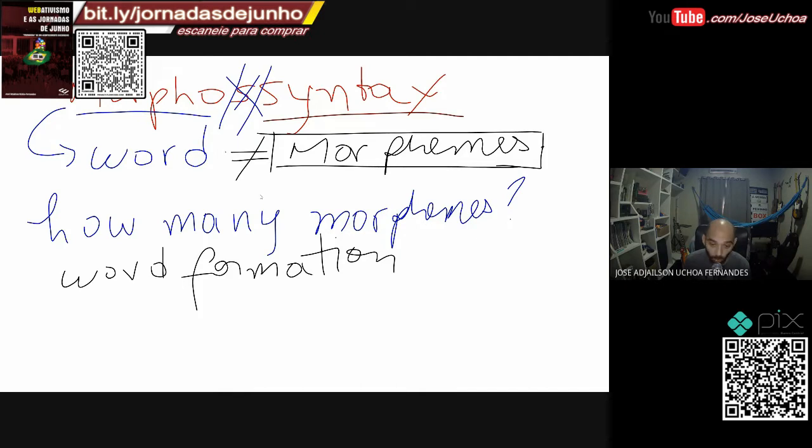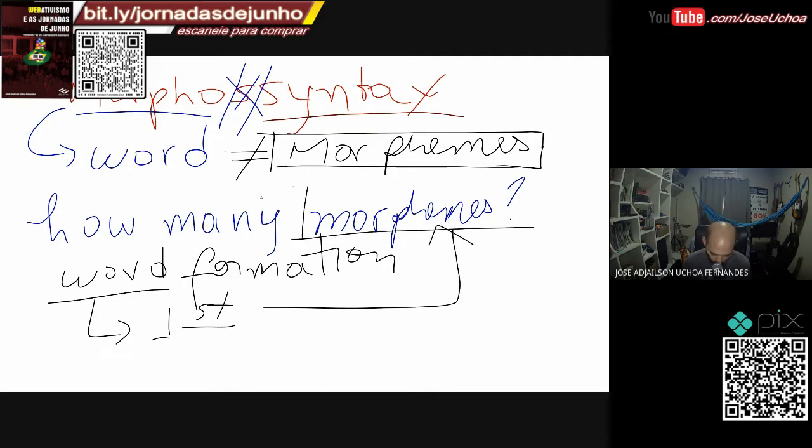We are first going to understand what are the constituent elements of words. Okay, so if we are going to study the word, we have to first understand what morphemes are. Morphemes are elements that get together to form words.